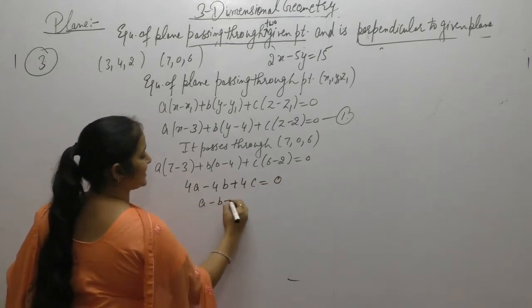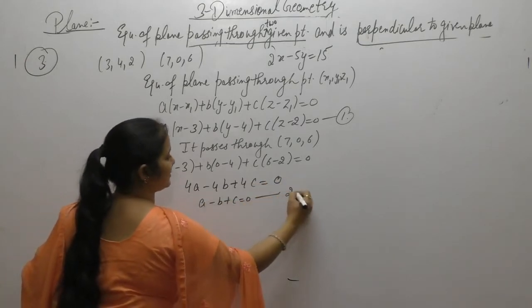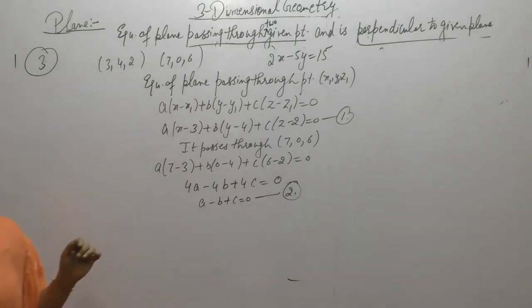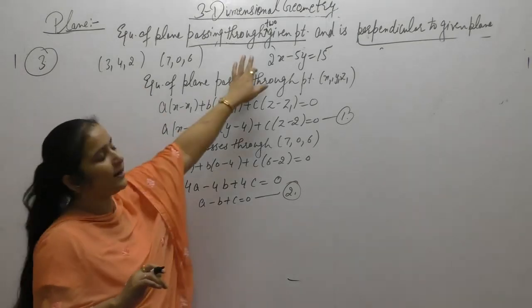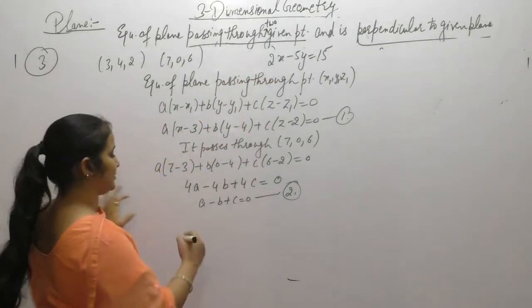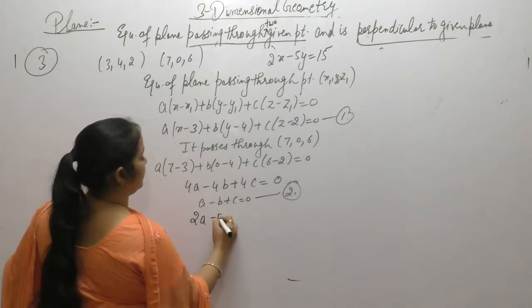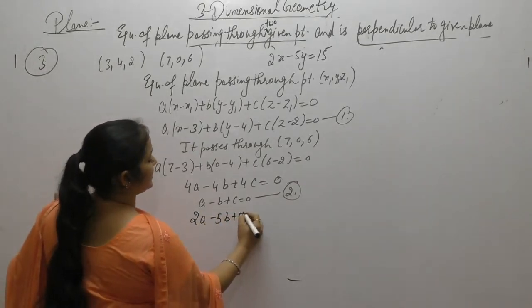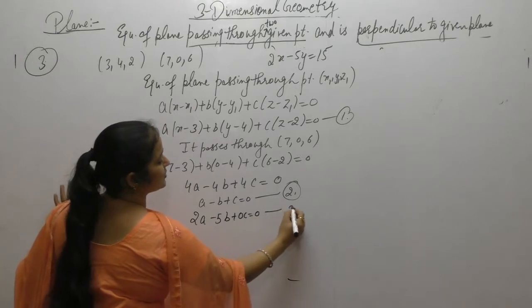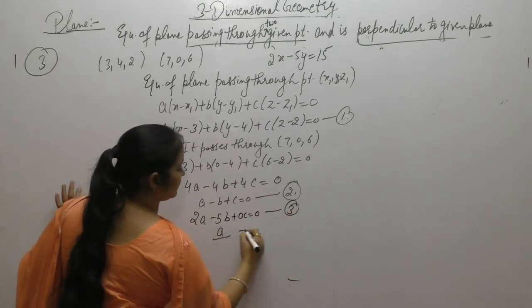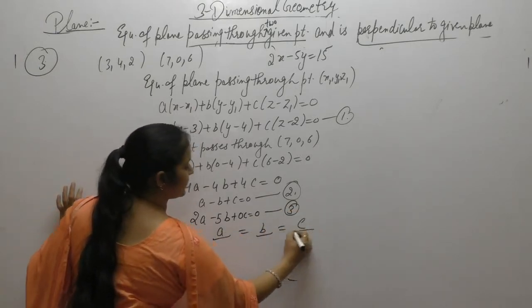We can write it as a minus b plus c equals 0. A minus b plus c equals 0. Now it is given that the required plane is perpendicular to this. So a1a2, b1b2, c1c2 equals 0. Solve this equation for a, b and c.